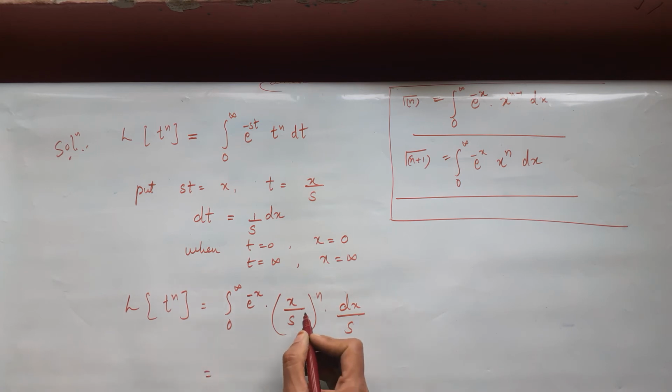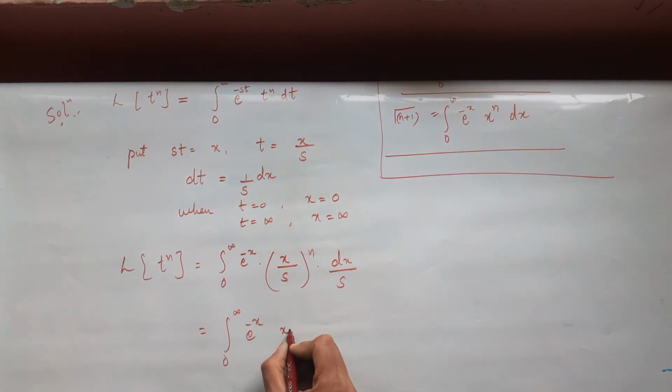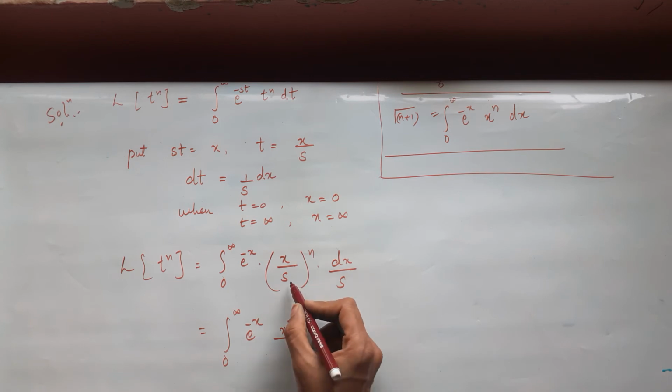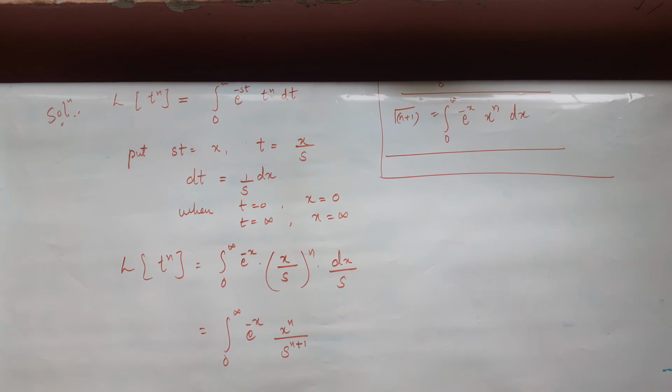Or you can write it completely as integration from 0 to infinity e to the power minus x, x to the power n divided by s to the power n into s. So s to the power n plus 1 you get, into dx. Now this s to the power n plus 1 in the denominator has nothing to do with the integral sign, so take it outside.